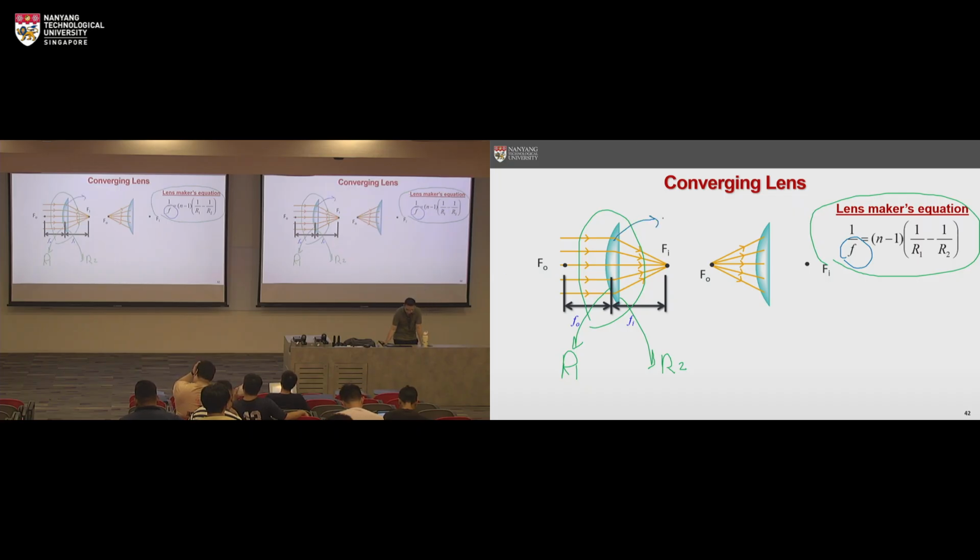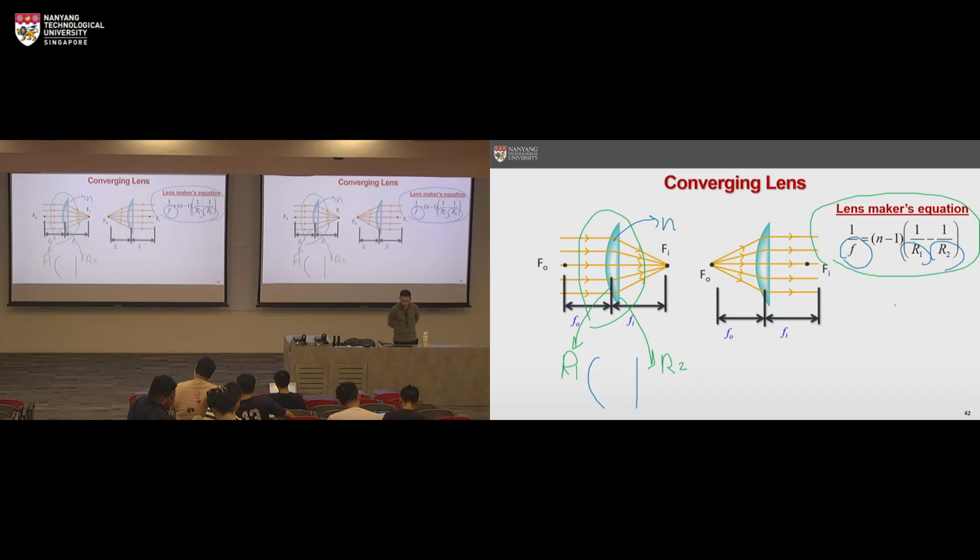This refractive index is important because it's not a thin lens. And because it's asymmetric, you have two radii of curvature, one is R1, the other one is R2. This is required when the question is asking you to find the focal length of a lens which is not a thin lens.